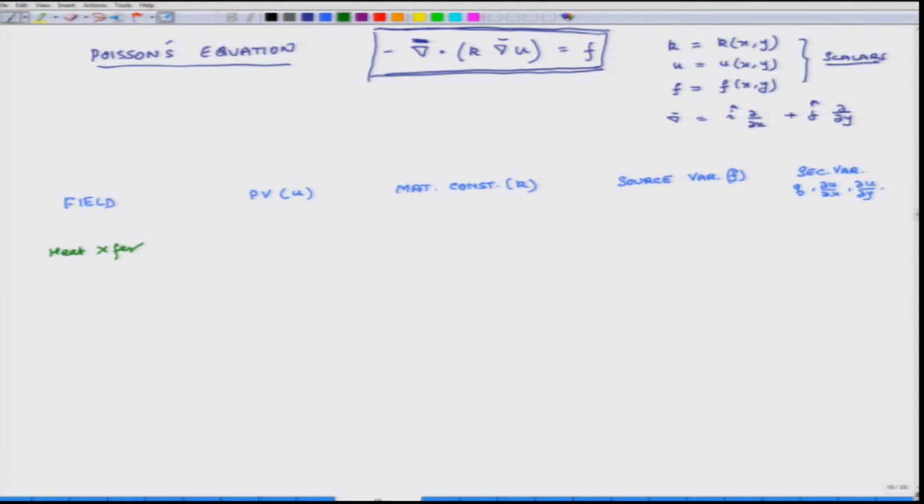So, if I am trying to solve a two-dimensional heat transfer problem, then the primary variable is temperature. Okay. So, the governing equation for two-dimensional heat transfer is this equation. So, temperature, a lot of times we express temperature as T, so u becomes T. Then material constant is conductivity.